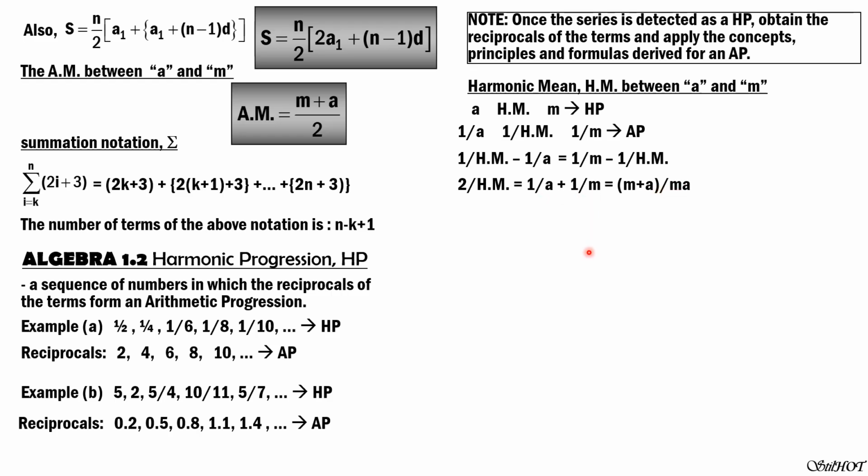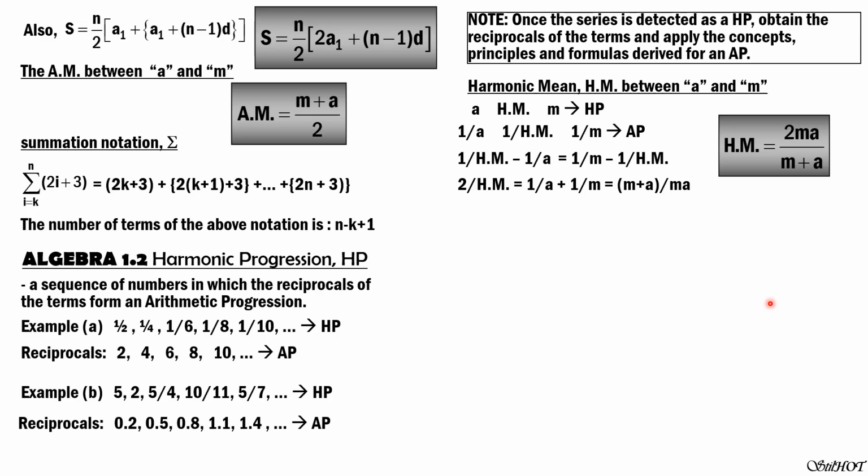So finally, we derive the harmonic mean between a and n as 2na over n plus a. To easily recall it, the product is in the numerator, then in the denominator, the sum n plus a.